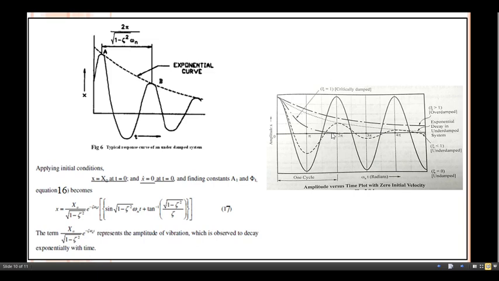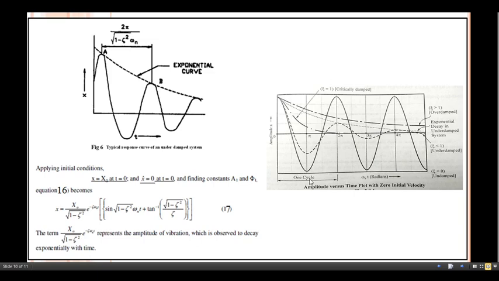Now in this case, when the value of zeta is greater than 1, it is an overdamped system. Here the amplitude does not cross to the other side of the axis. This is the case of the overdamped system. And this is the case of the underdamped system, when the value of zeta is less than 1. It reaches the time axis within a certain period.